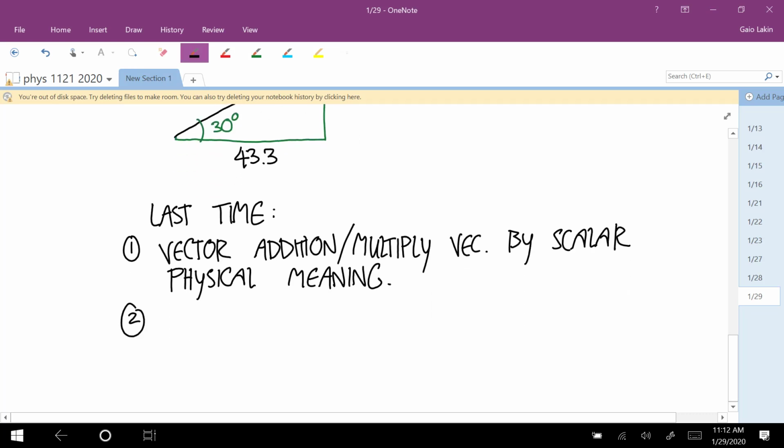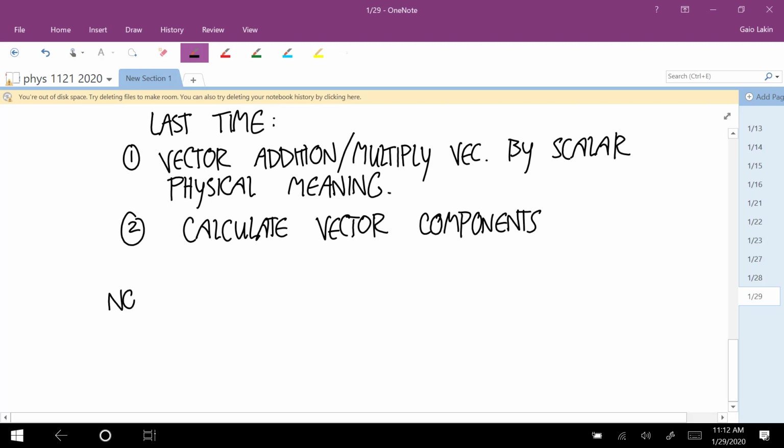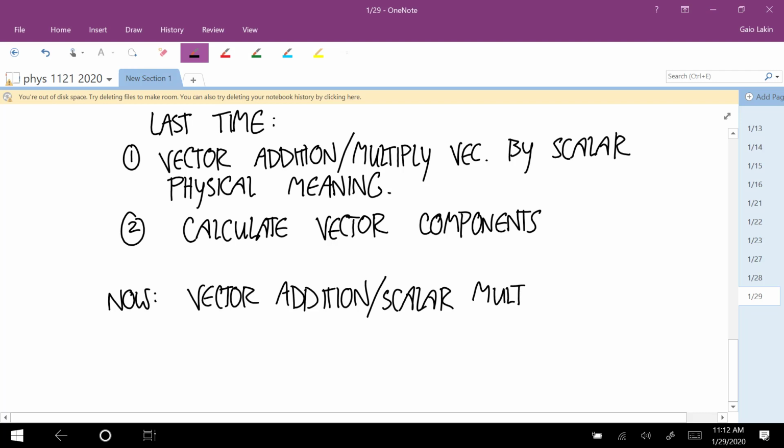And then we talked about how to calculate vector components. So now we're going to do vector addition and scalar multiplication of vectors using the components. And this is the way you're going to do it mathematically. You're not going to do it geometrically.